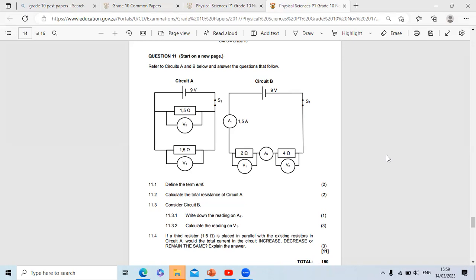Do I do the total resistance? Yeah, how would you write it if I wasn't here and this was a question paper? Okay, like that type of situation.